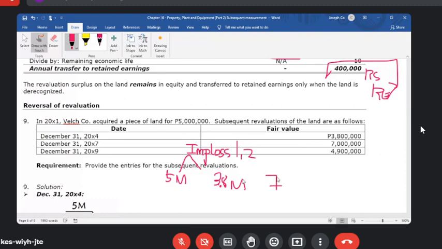Okay, tumaas. Kaya lang, i-record muna natin yung recovery na 1.2. And then after we record the recovery, doon lang tayo mag-record ng revaluation surplus.